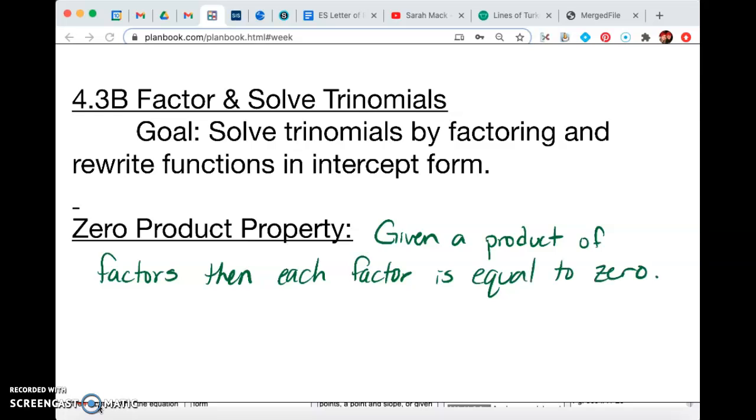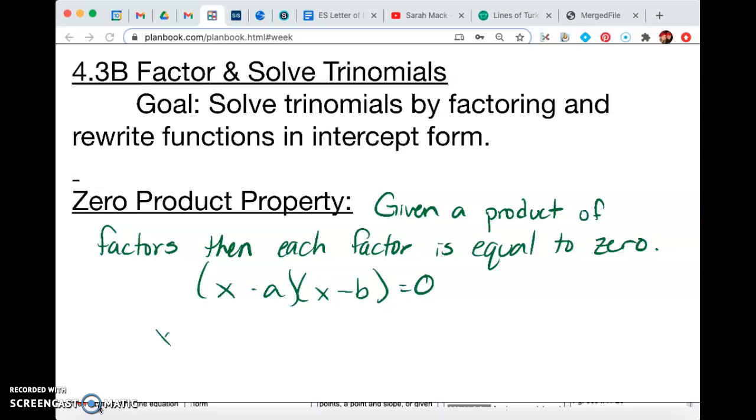So that's in words, but basically if you have x minus a times x minus b equals 0, you get that each part equals 0. So you can have x minus a equals 0, or x minus b equals 0. Because one of those pieces has to be 0 for it to multiply to actually be 0. So that's why we can do this, and that's why it's an or statement, not an and statement. It has to be one or the other. Or it could be both probably, but.